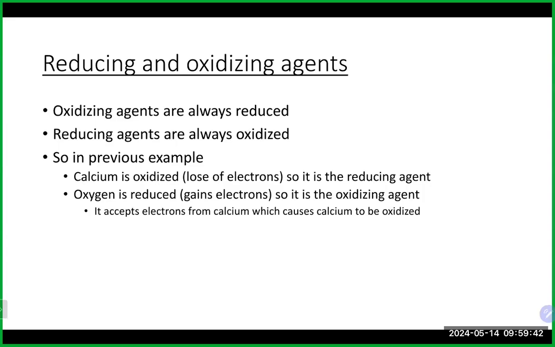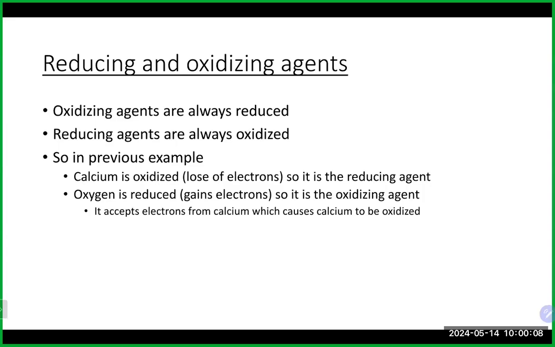So it's sort of opposite of the name, while the reducing agent is always the substance that gets oxidized. So the idea behind this is it causes that in the other substance. So the oxidizing agent will get reduced, which means in order for it to get reduced, it's got to cause somebody to lose electrons. So if it causes somebody to lose those electrons that it needs, that's going to cause it to be oxidized. So it's known as the oxidizing agent.